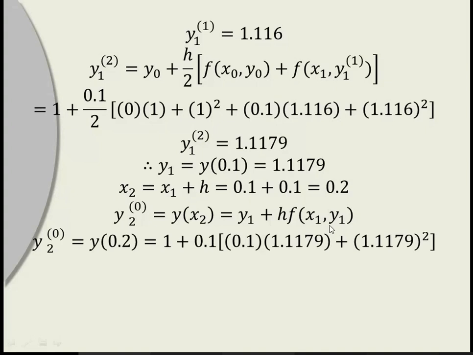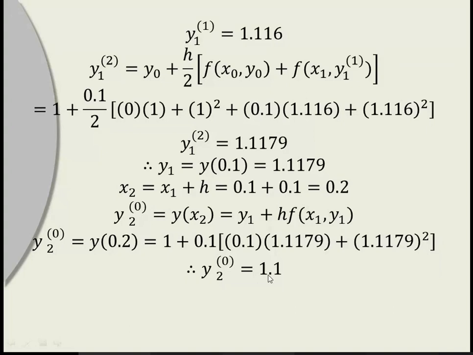So the zeroth iteration will be 1 plus h, which is 0.1, into 1.1179 plus 1.1179 square. By mistake I have taken 1, it is 1.1179. We are using the modified value of y1. Now do the simplification. It comes out to be 1.1.